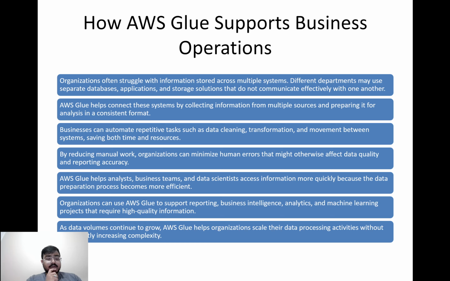As organizations continue to generate a larger amount of information, AWS Glue helps them scale their data processing activity without significantly increased complexity. This makes AWS Glue an important tool for reporting, analytics, system intelligence, and machine learning projects.